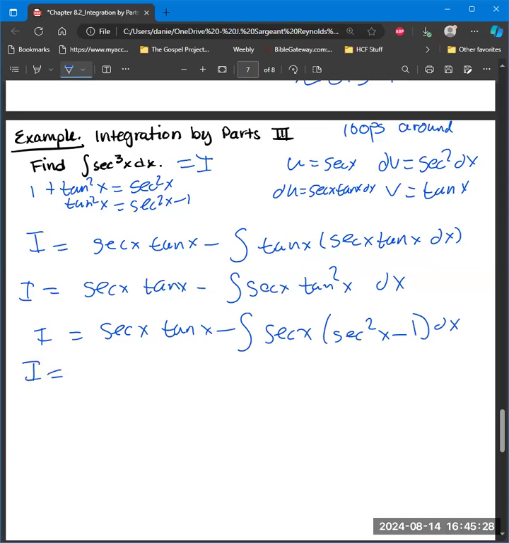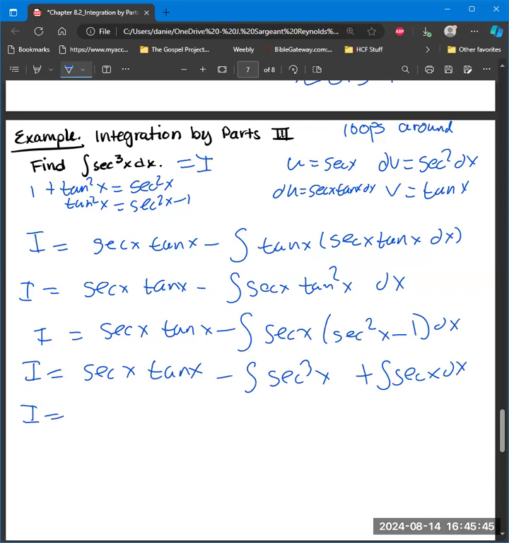I equals secant tangent minus integral secant cubed x plus integral secant x dx. There's my I again.